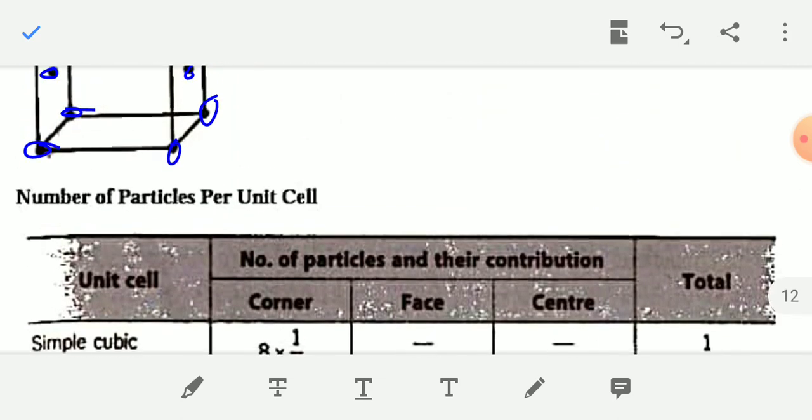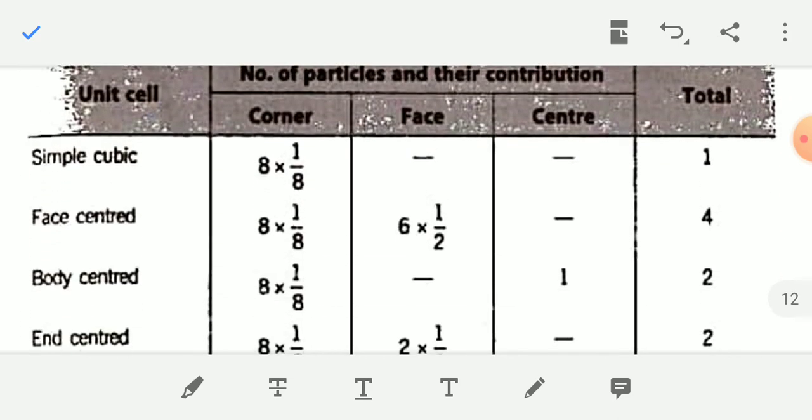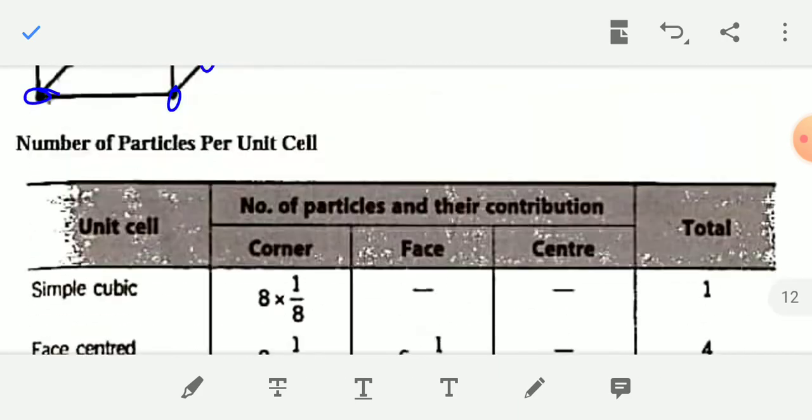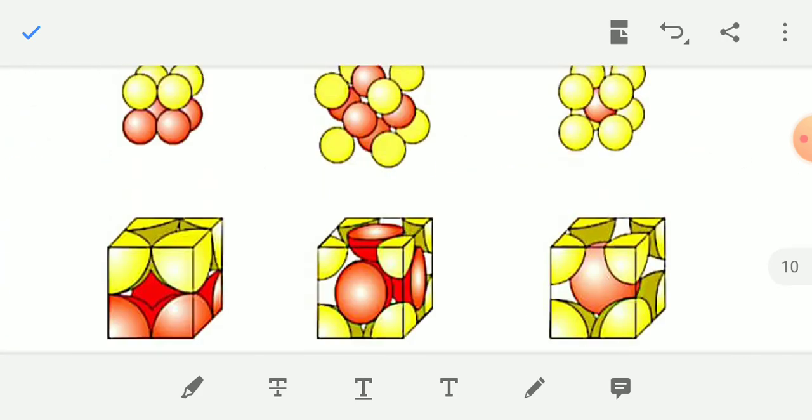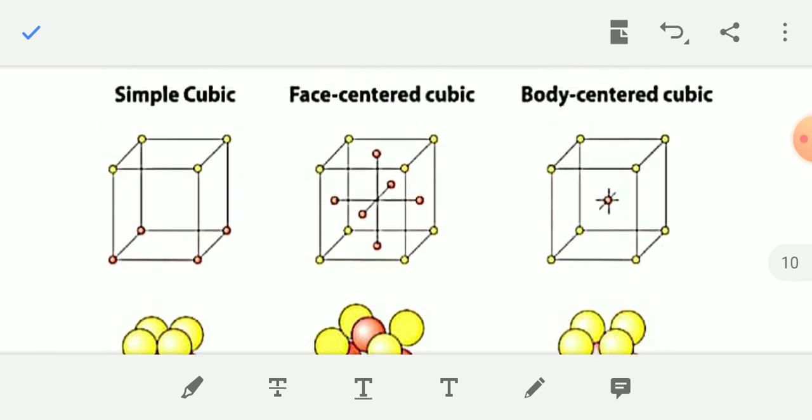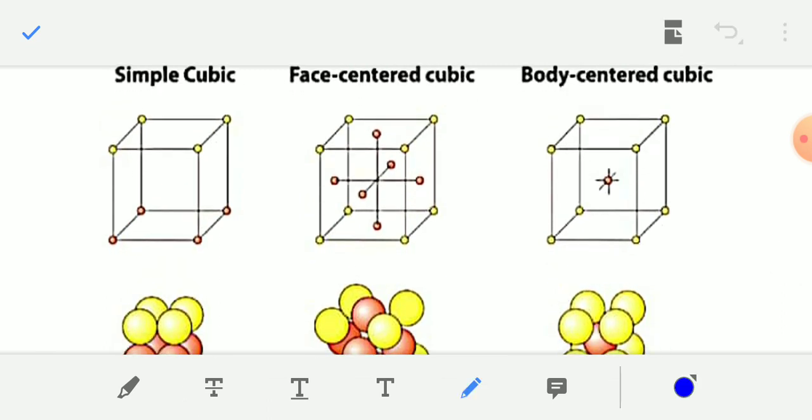Now you have to calculate the number of particles per unit cell, okay. Just see this figure, this picture. You have to remember that the particles present at the corner of a unit cell are not completely part of this unit cell only.